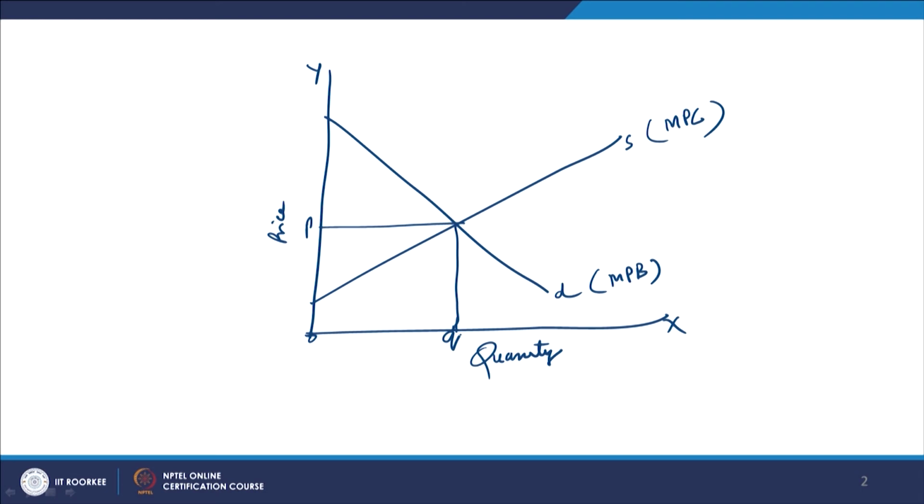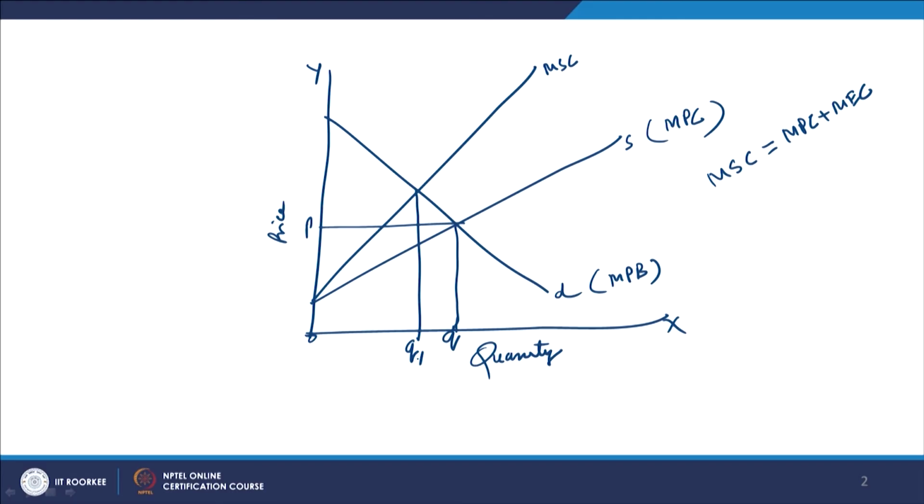Now, if you take marginal social cost, which is equal to marginal private cost plus MEC, marginal external cost, then the curve will be like this. So, this is marginal social cost, and the new equilibrium is at a lower level of output Q1.